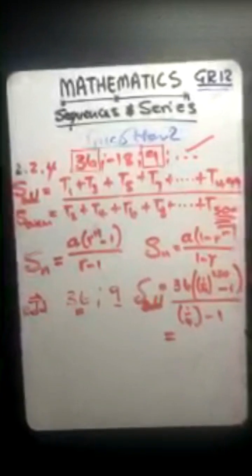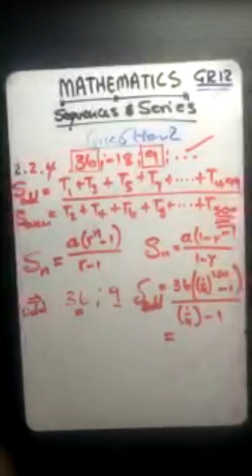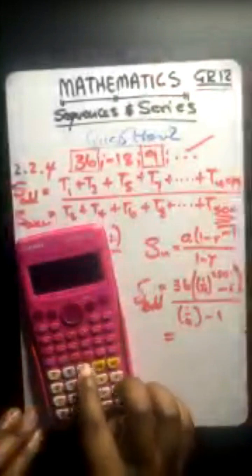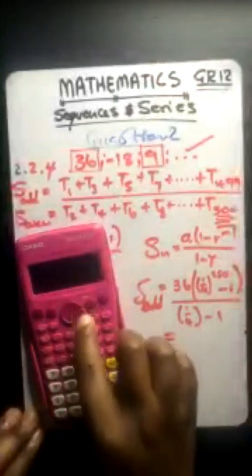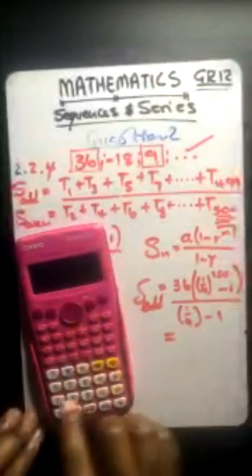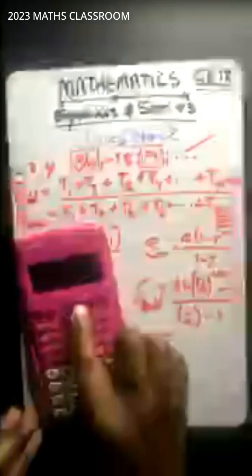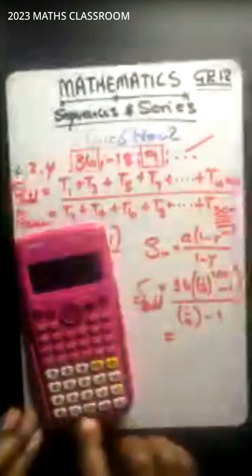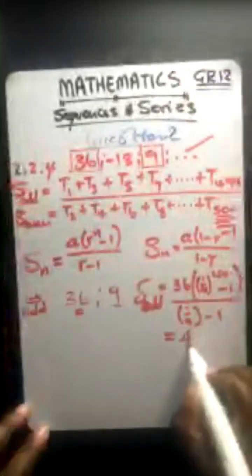Guys, are you calculating there? Okay, let me calculate. 36 into 1 over 4 closed to the exponent 250 minus 1, and at the bottom you have 1 over 4 close minus 1. I'm having 48. I'm not sure if you guys are getting 48.